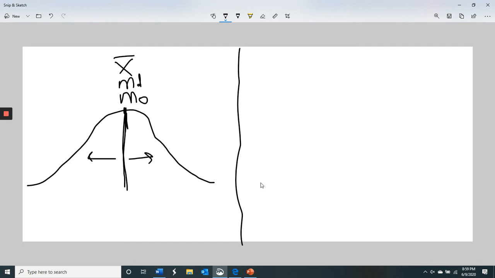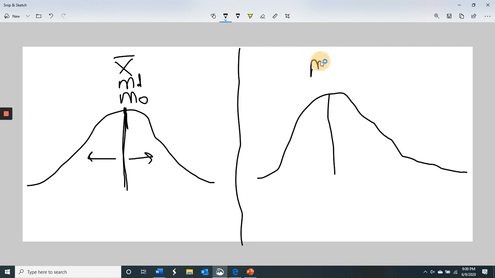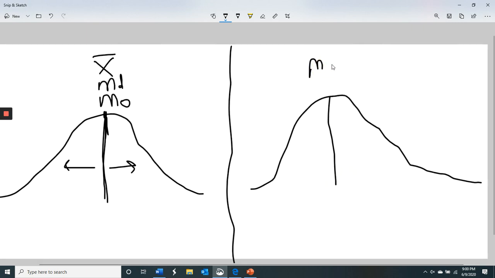And then let's say we have a skew distribution. Think about how to draw the skew. Let's make it positive skew. So we have more scores kind of pulling off at the higher end. So let's just start off with the easiest one, which is the mode. So the mode is here. It's where the peak is.